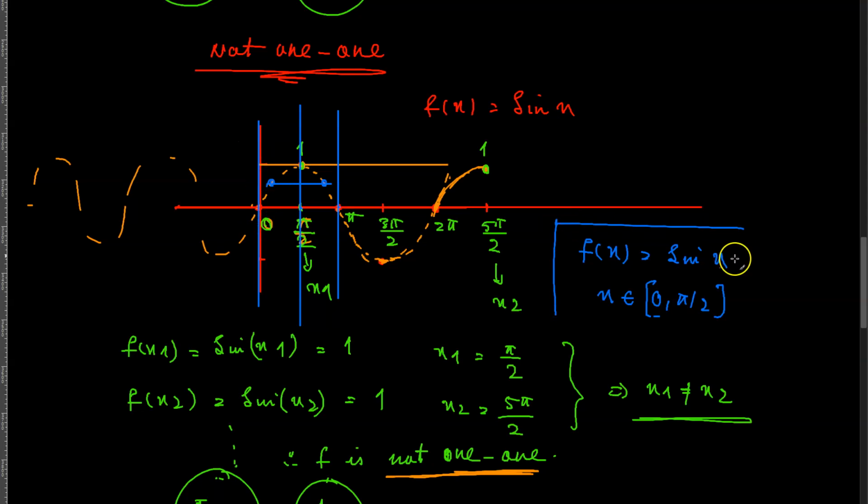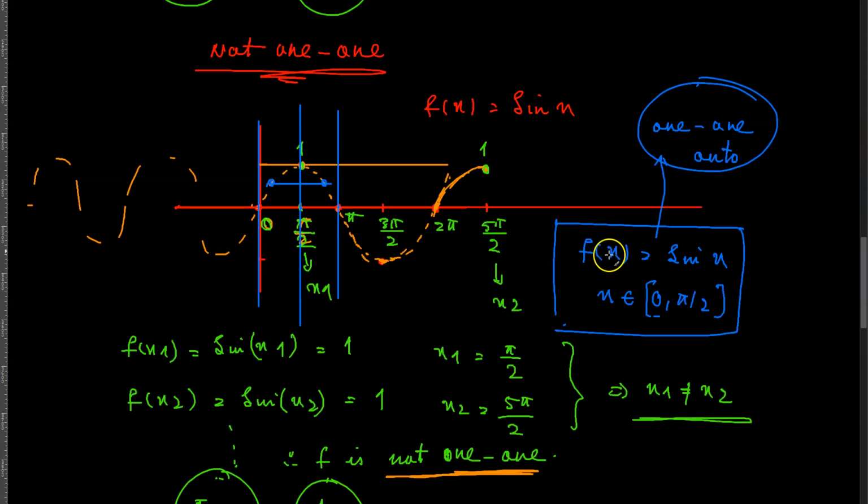And so in this configuration, having this constraint on the domain of the function, now the function is 1, 1 and onto, and therefore the inverse of f now exists, right?